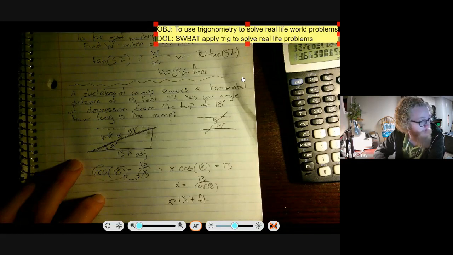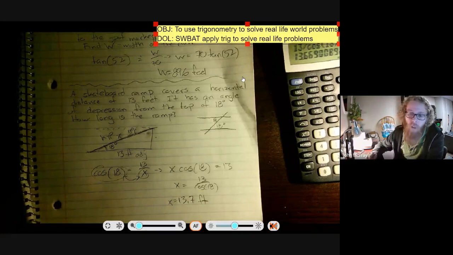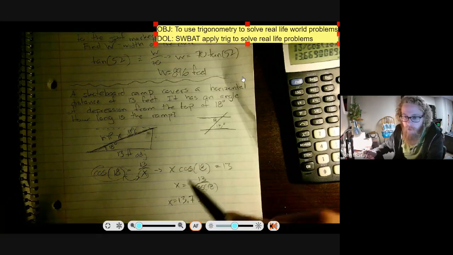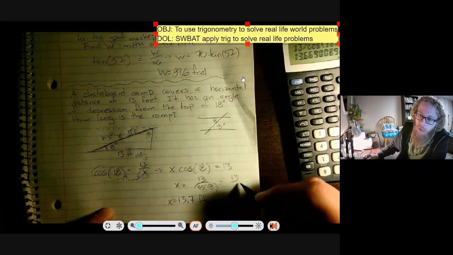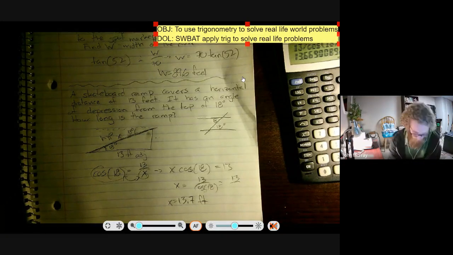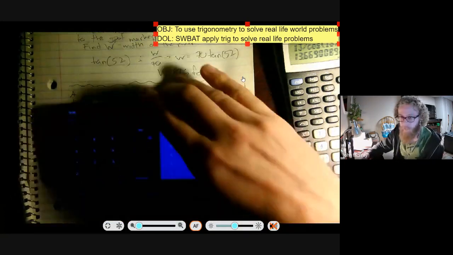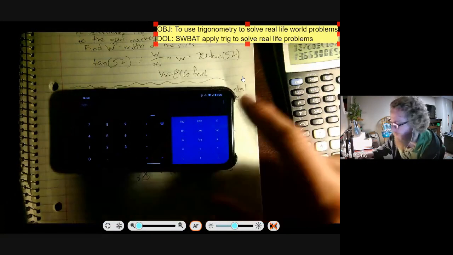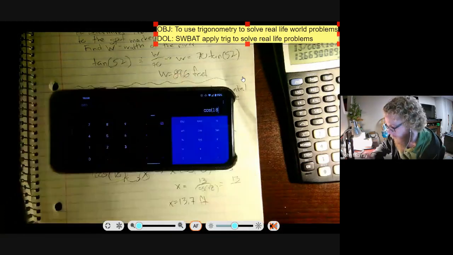If you're using your iPhone, this is a little tricky. You have to calculate the cosine first. So there you're going to have to round. You would calculate the cosine, and then you would do 13 divided by whatever answer you had. In your case, you would hit the 18 first, and then cosine.